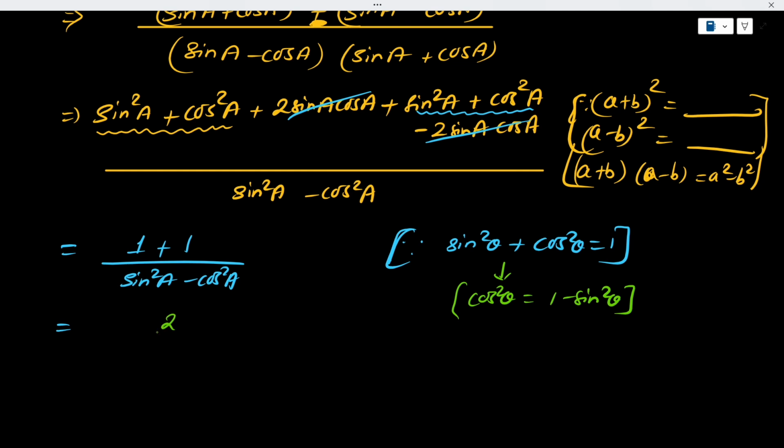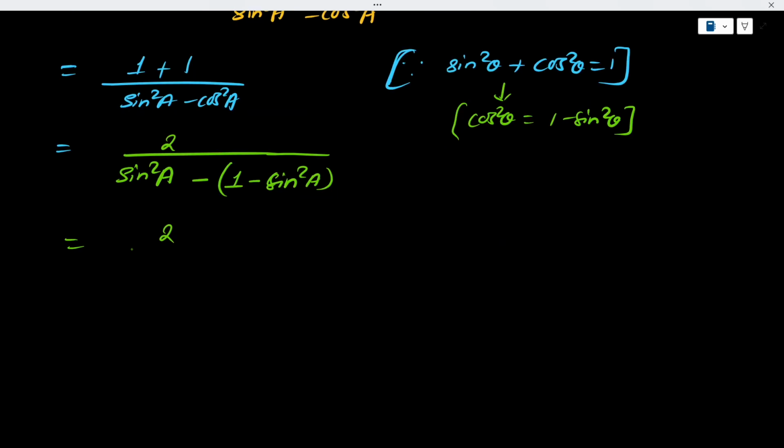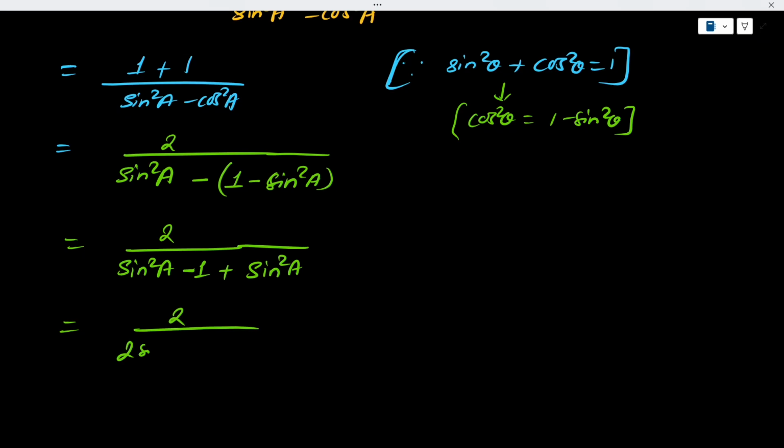So I can write here 2 by sine square A minus, and now you must use a bracket because outside there is a minus sign, right? So when you open the bracket, the sign will change. So it is 2 by sine square A minus 1 plus sine square A, right? Which can be written as 2 by 2 sine square A minus 1.